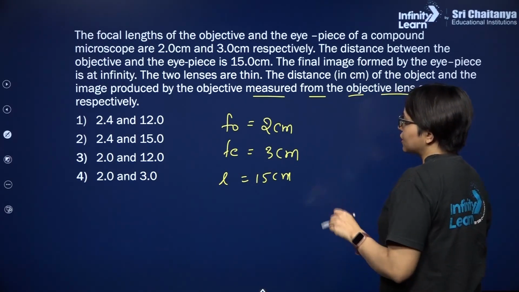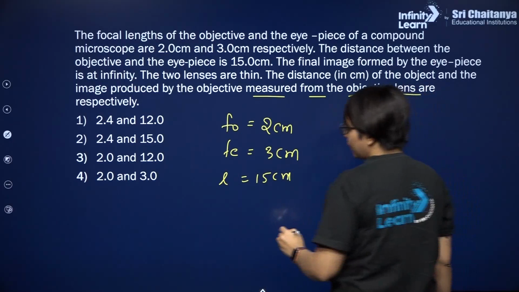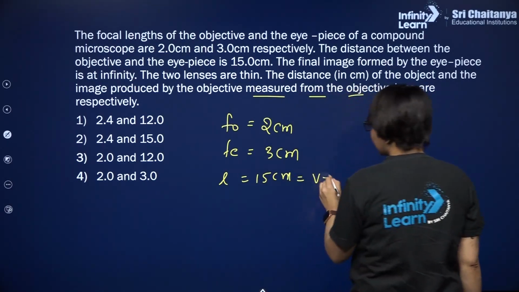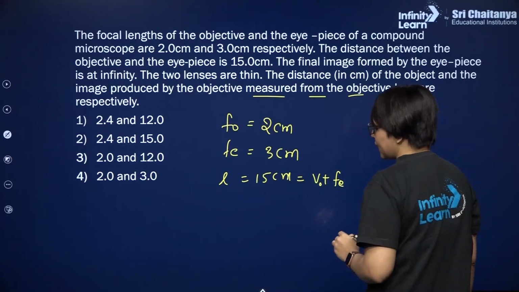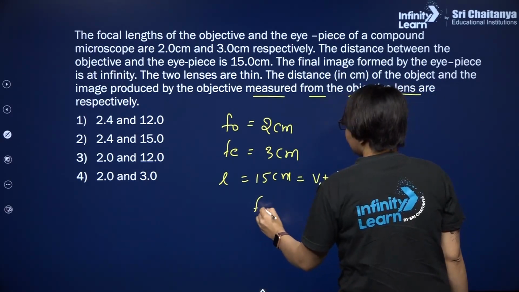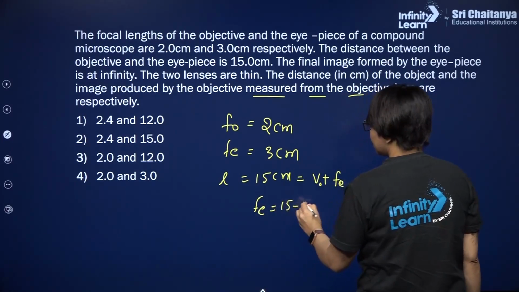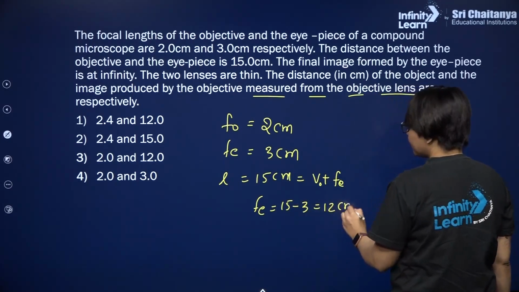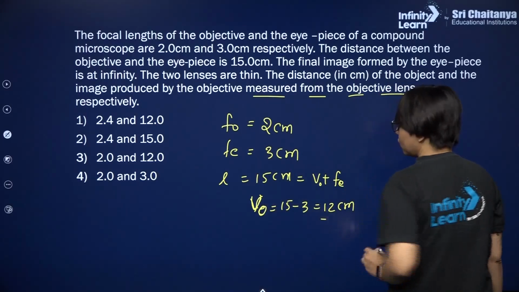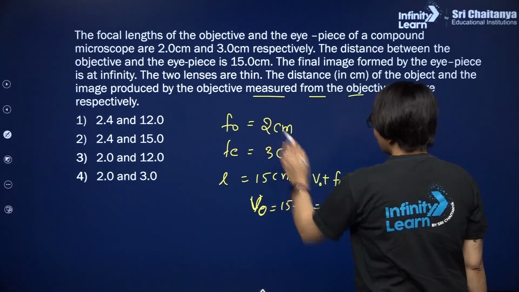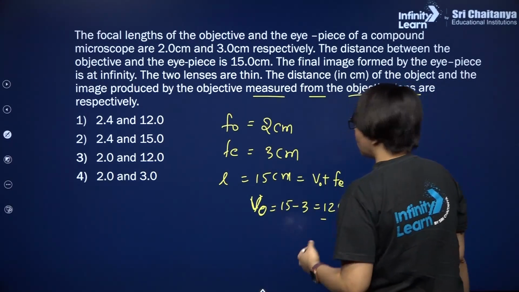So over here FO is given, FE is given, L is given. So we can write L is equal to VO plus FE, right. So FE will be 15 minus 3, that is 12 centimeter. VO is 12 centimeter over here. So we have FO, VO and we can find UO also, right.